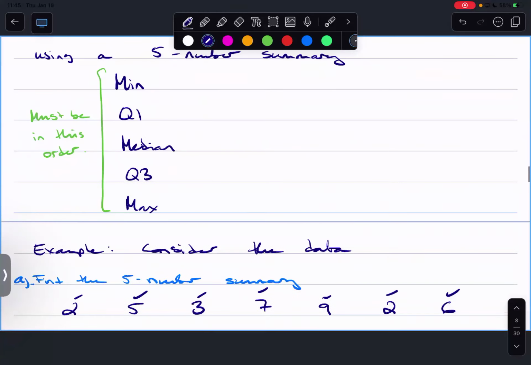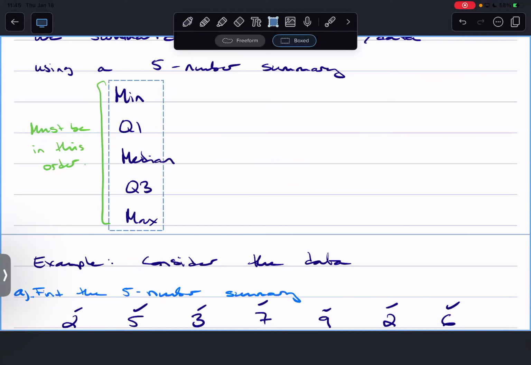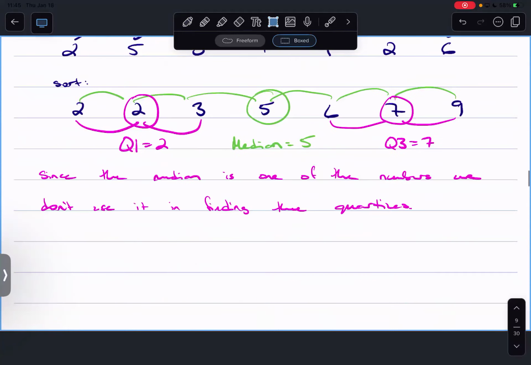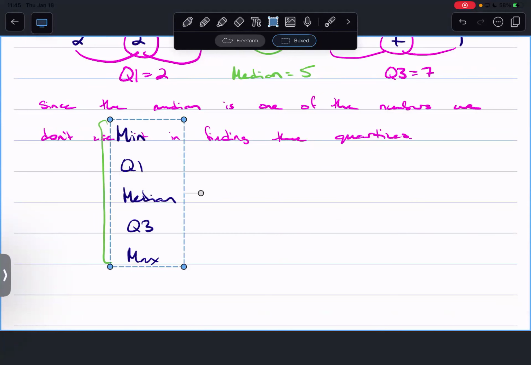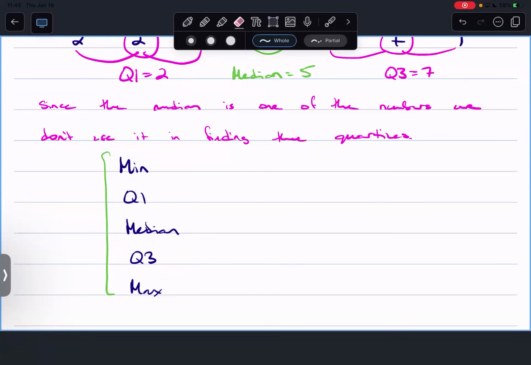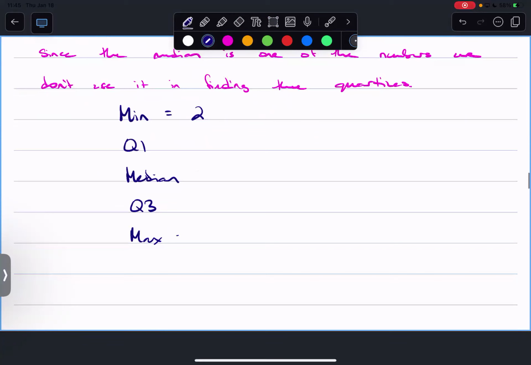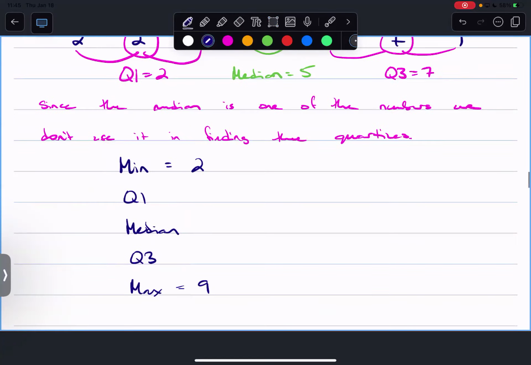Okay, so our 5-number summary here is, well, it was the minimum, right? The 5-number summary, I'll just copy here. Once we have sorted data, finding the minimum and the maximum, those are gimme marks, right? And so the minimum is 2 and the maximum is 9. I like to do those right away.